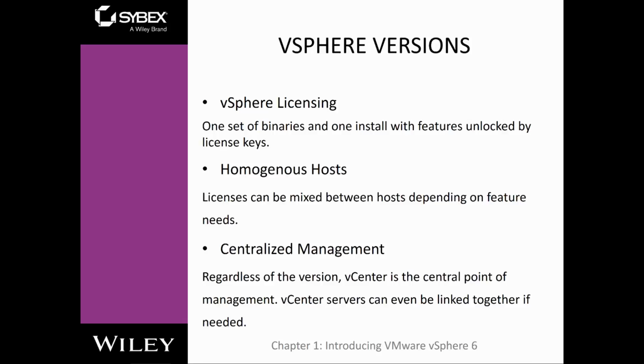You can have heterogeneous hosts, meaning you can mix and match between the hosts depending on the features that each host needs. For example, you may have just standard licensing for 2 hosts where you may have a premium license for a 3rd host. You can mix and match. Again, centralized management through vCenter.